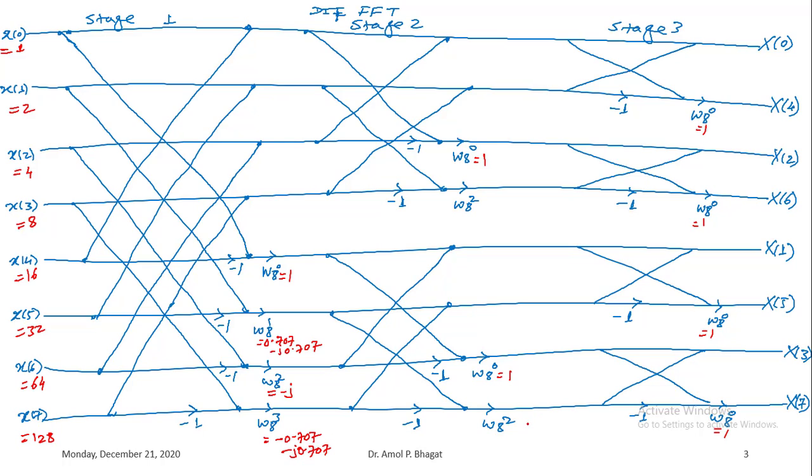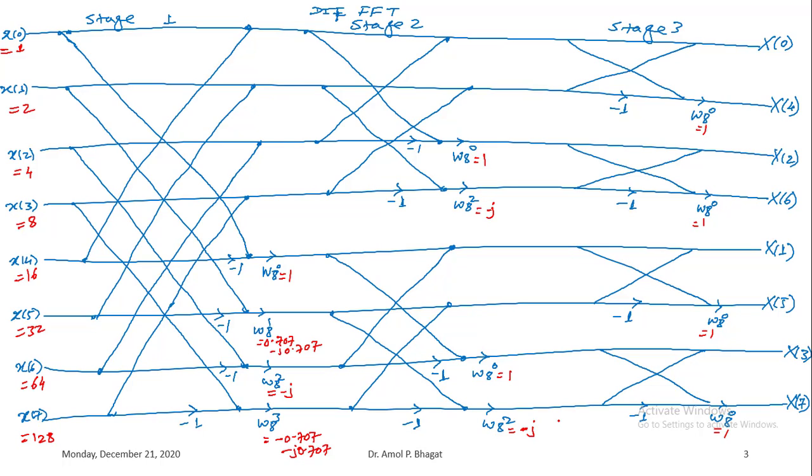And W8 2 is minus j, right? So it is again minus j, here it is minus j.